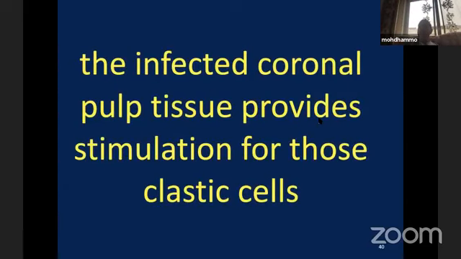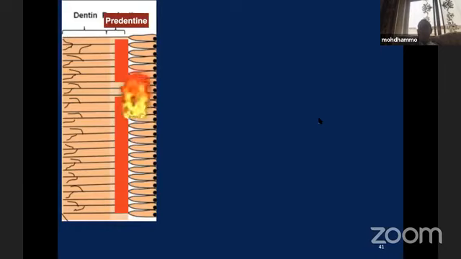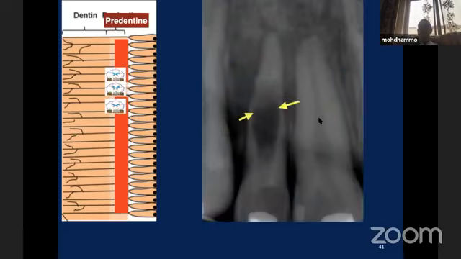The infected coronal pulp tissue will provide stimulation for those clastic cells, and the osteoclasts will be activated. Then they will go to the dentine and start making resorption. And because of this, internal resorption occurs at this stage.